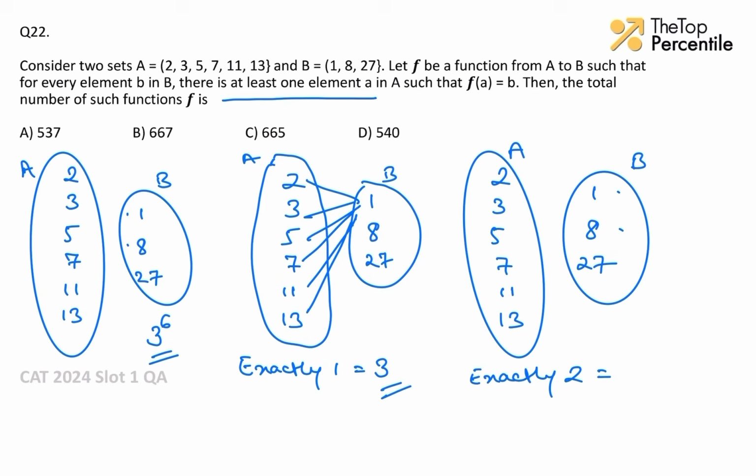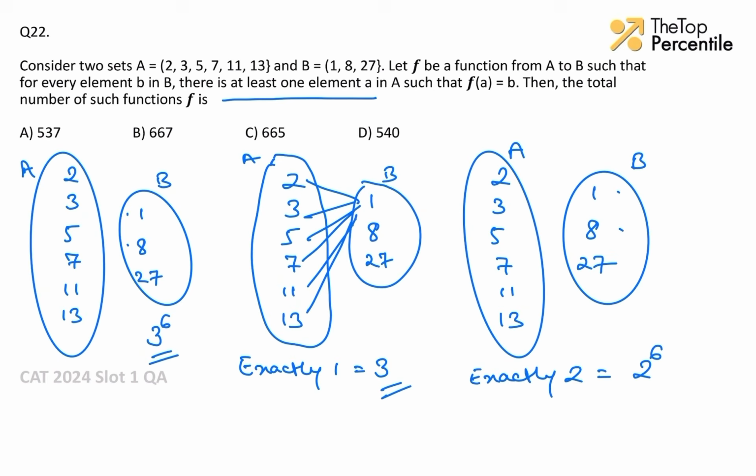Similarly 5, 7, 11, and 13 can be mapped onto 1 or onto 8. So we will have 2 to the power 6 functions that can be defined in this case.